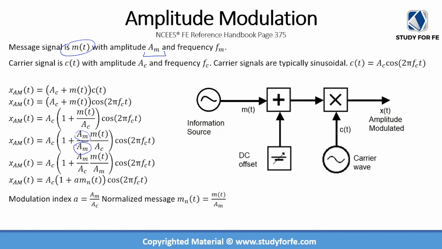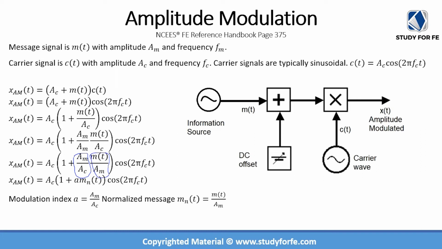If you multiply and divide it, essentially it doesn't make any difference. The reason I'm doing that is because I want to bring it to a form which is shown in the NCEES FE reference handbook, and then I will rearrange it. I will move AM over here and AC over here. So that gives me AM divided by AC multiplied by m of t divided by AM.